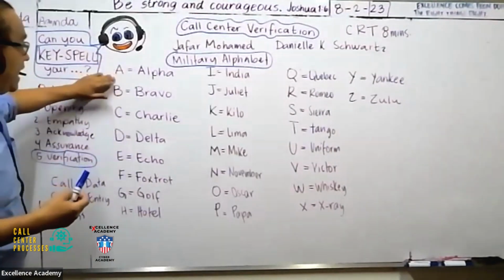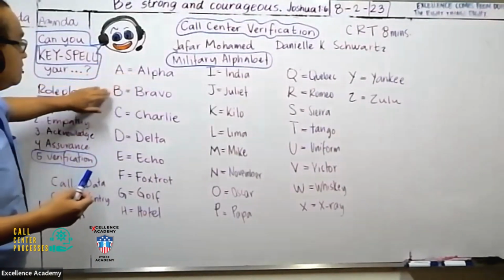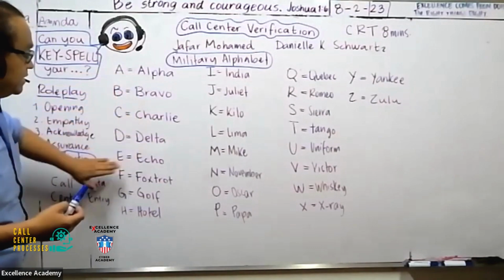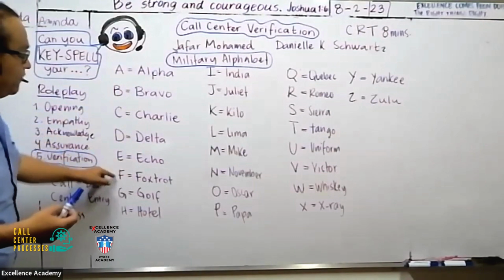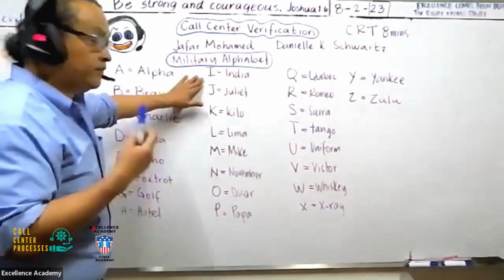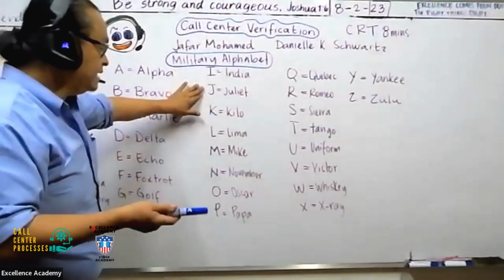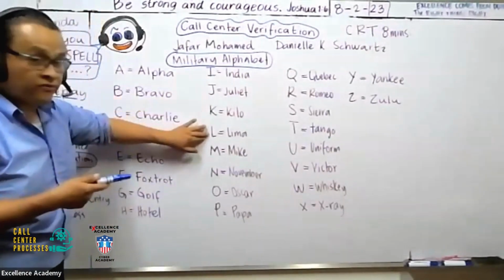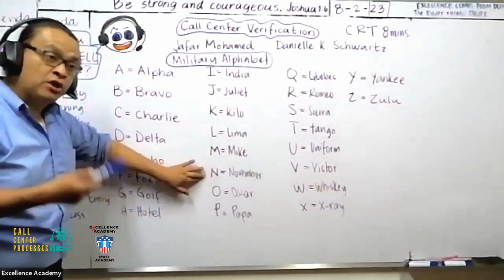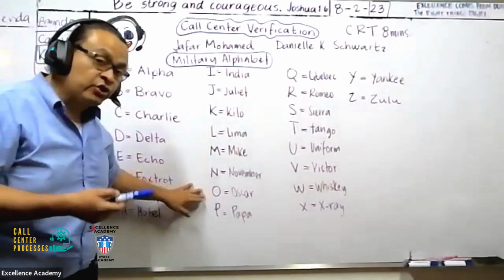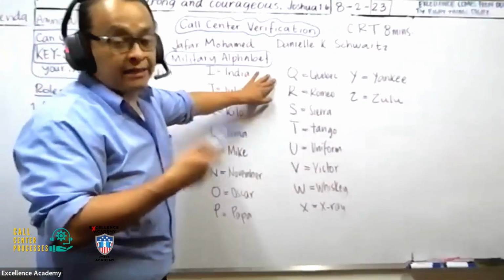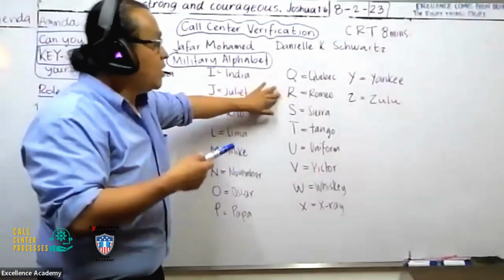So every letter of the alphabet will have a standard. So we'll say here A for Alpha, B for Bravo, C for Charlie, like the name, D for Delta, E for Echo, F for Foxtrot, G for Golf, H for Hotel, I for India, J for Juliet, K for Kilo, L for Lima, M for Mike, like the name, N for November, like the month, O for Oscar, like the name, P for Papa, Q for Quebec, like the province in Canada, R for Romeo.